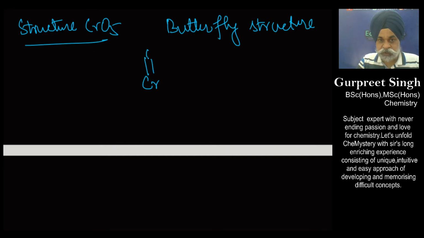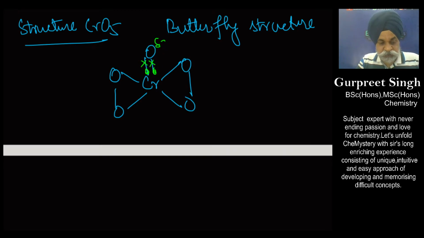So in chromium pentoxide, this is oxygen, oxygen. If you consider the oxidation state, these two electrons and these two electrons, oxygen being more electronegative, we shall say here the oxygen is -2 and this chromium is +2. From this bond, it is +1, this is -1.